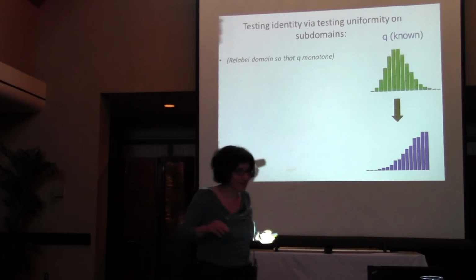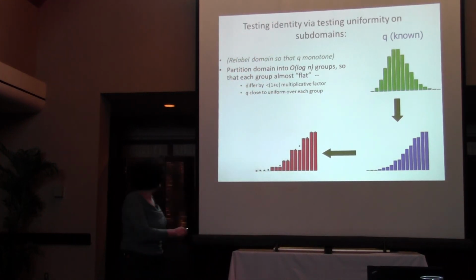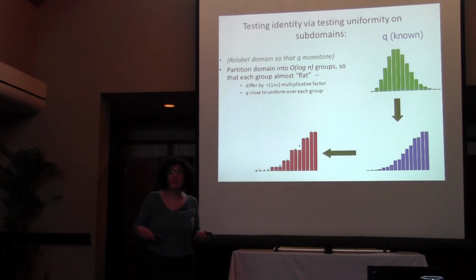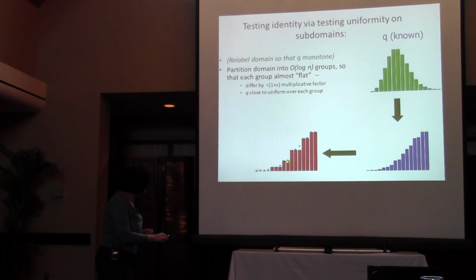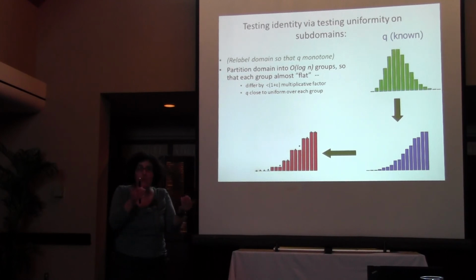Now notice, we're going to partition the domain into order log n groups so that in each group, based on Q, the values of Q differ by at most a 1 plus epsilon multiplicative factor. So in these groups, Q looks almost uniform. There are about log n groups, and in each one, Q is very close to uniform.